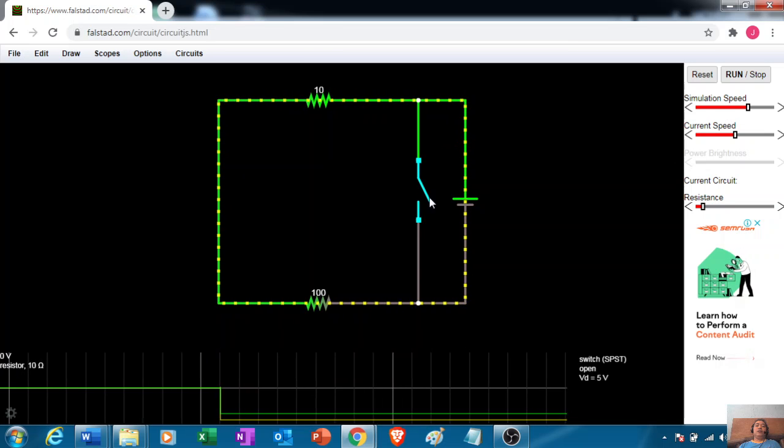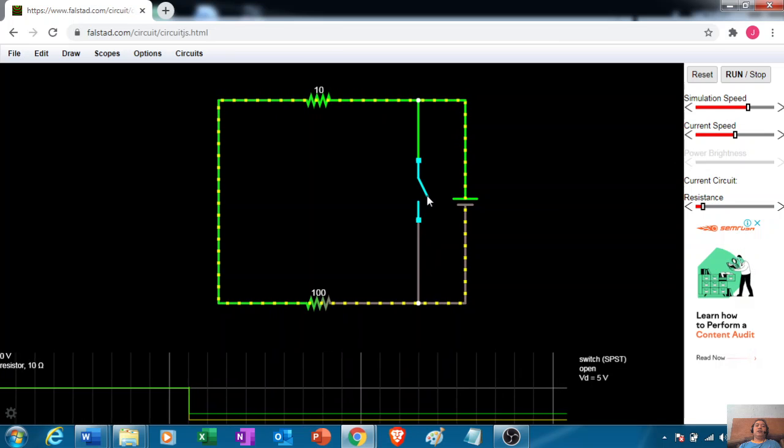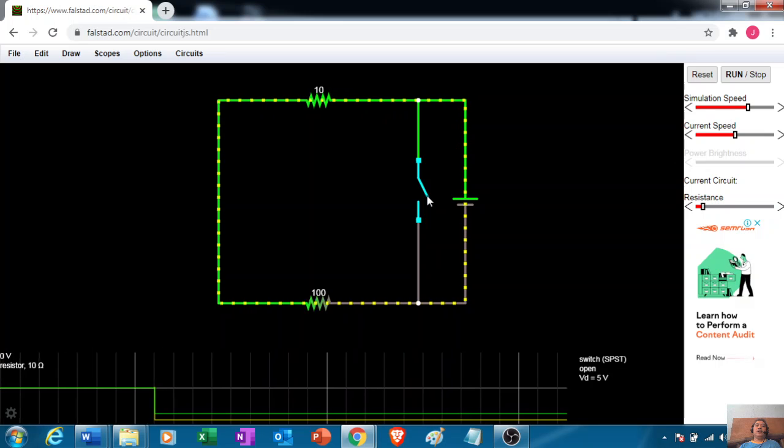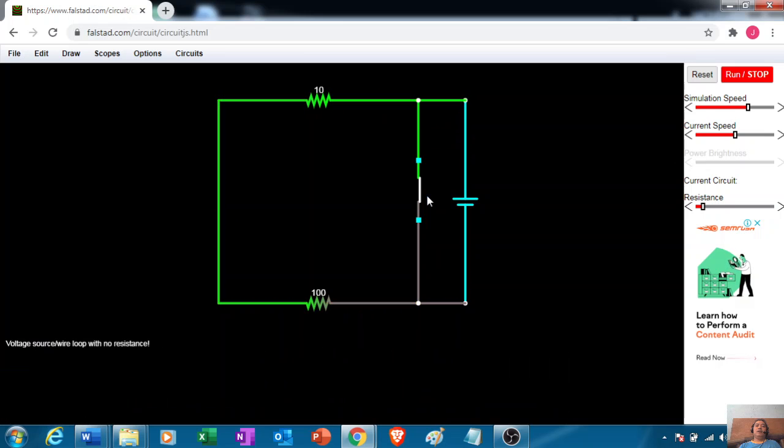However, if we're going to turn on the switch or close the switch, what will happen is there is voltage source or wire loop with no resistance, because approximately a switch has no resistance. So if you're going to insert it in series, there will be almost no effect in the circuit, because it has almost zero resistance.